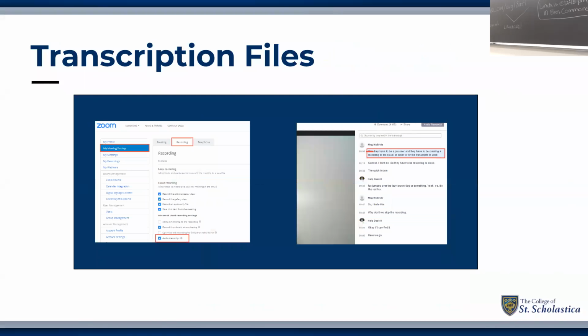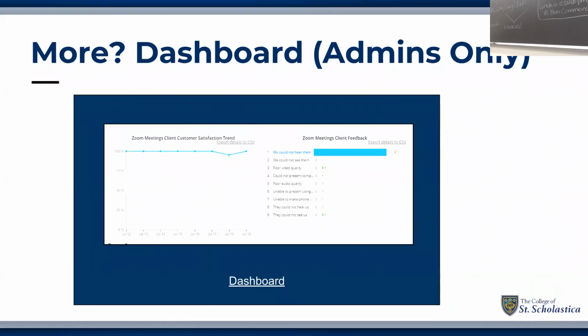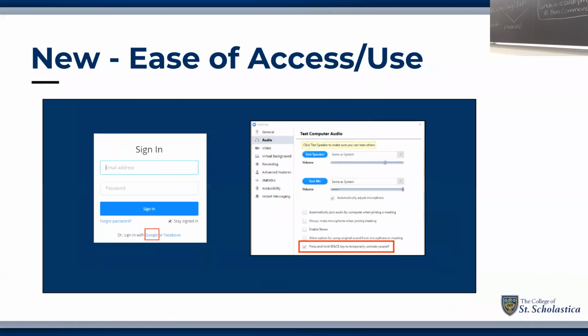So we already talked about the transcript files and the need to review your transcripts. Dashboard we went through. There are a couple of new ease of use things that are kind of cool. You can now sign in with Google, so you don't have to remember your password. You simply go to Zoom.us, put in your email address, click on Google, and that'll take you through.